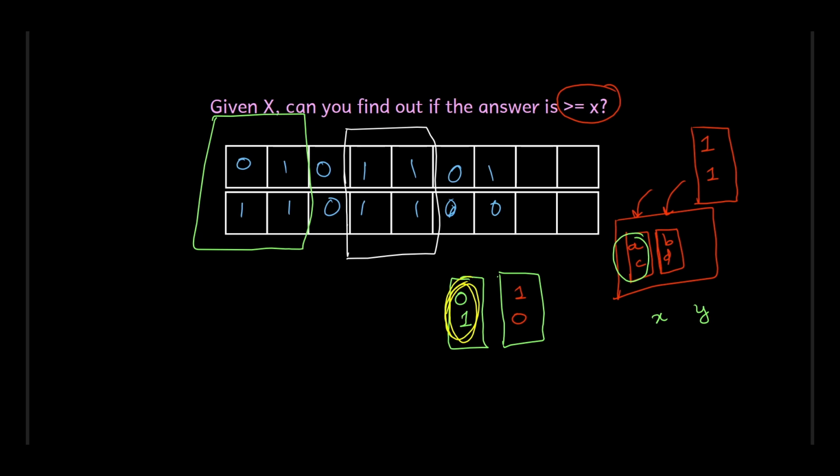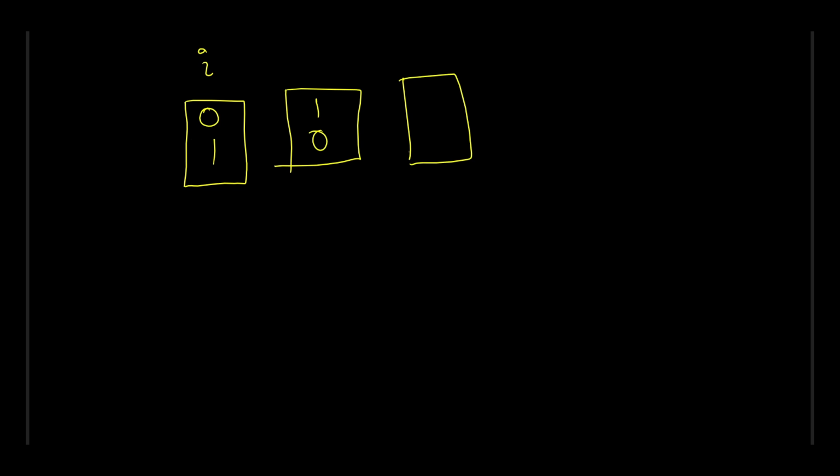What matters is, can you encode this information into just one bit? If I told you that you have one box, like let's look at a different slide, at index I, which looks like this, and another box that looks like this, there are only four possible ways that it could look, right?